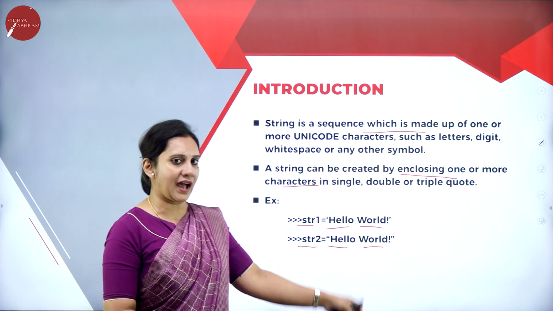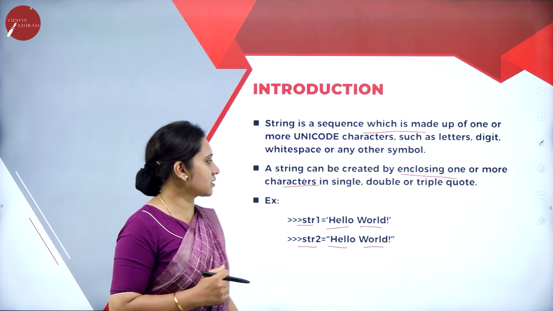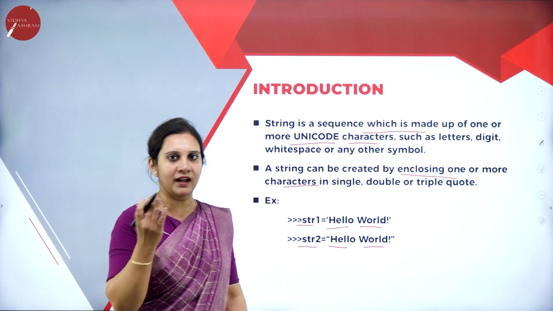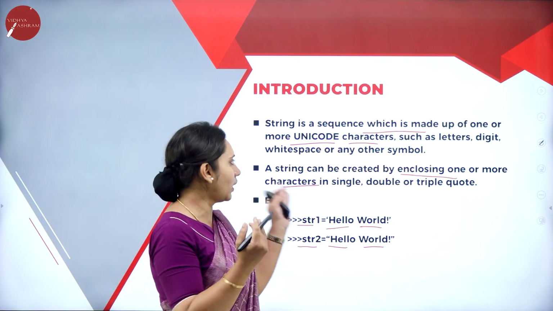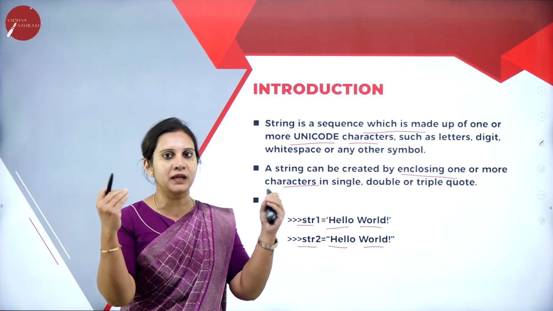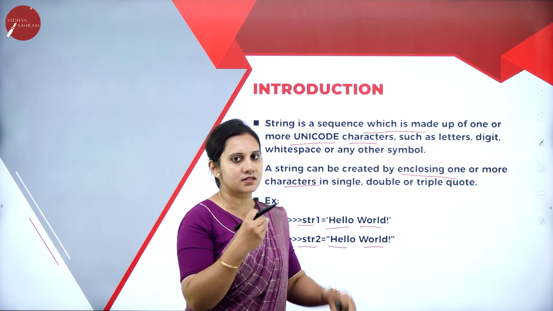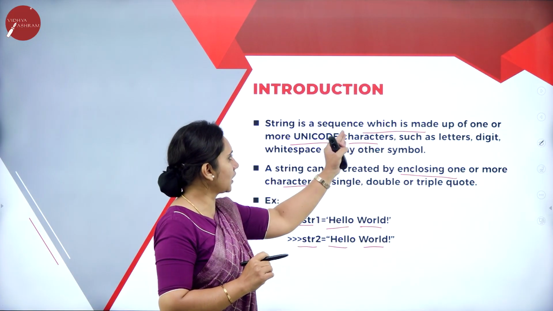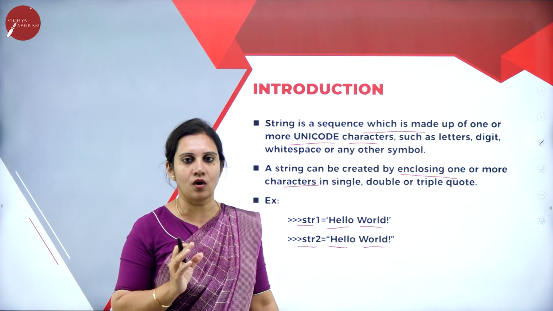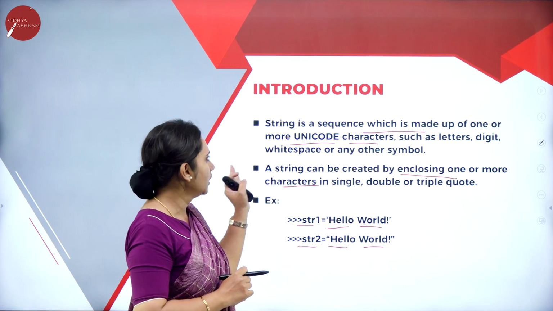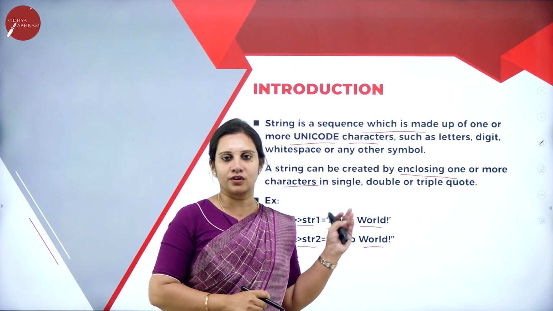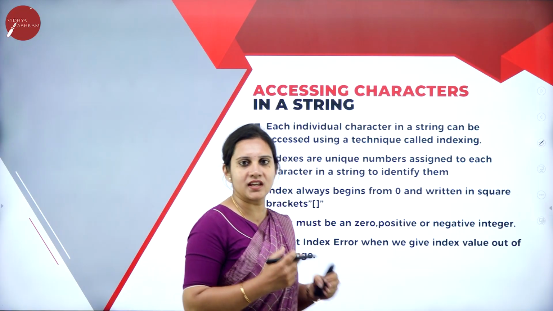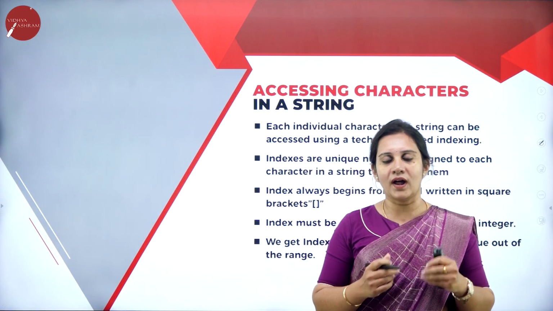The group of characters forms a string, that is Unicode characters such as letters, digits, white space, whatever space you give, or any other symbol. We call this a string, a sequence of characters in an order.